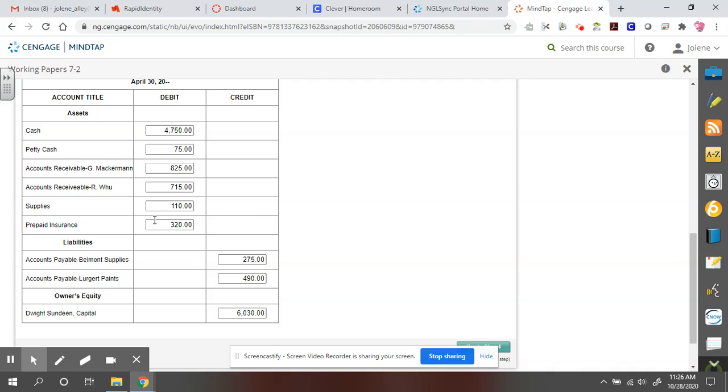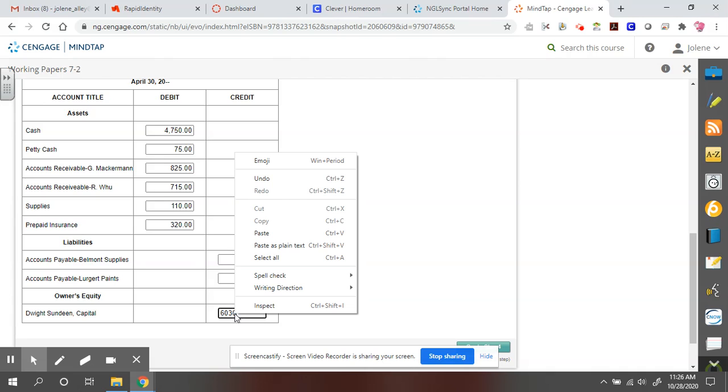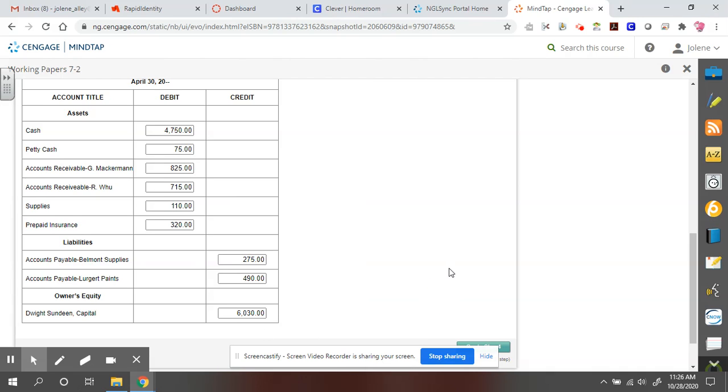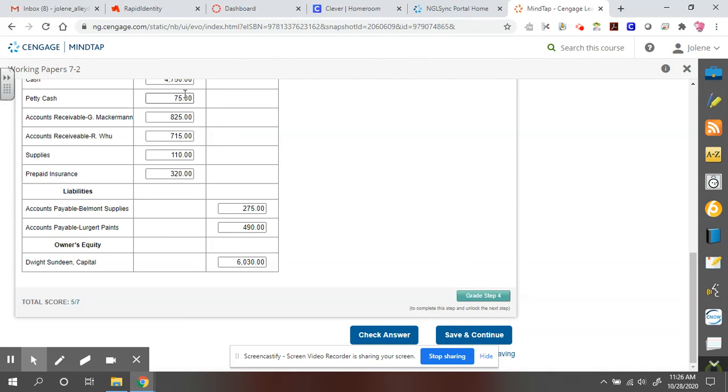You could add up all your debits, all your assets, subtract your liabilities, and you would also get the same dollar amount, because both sides have to balance.